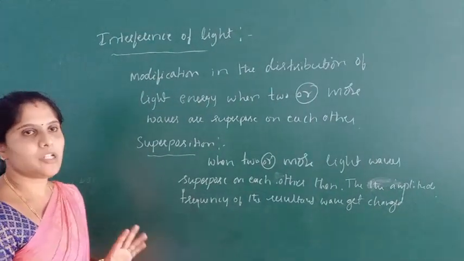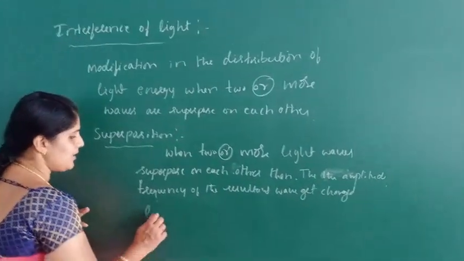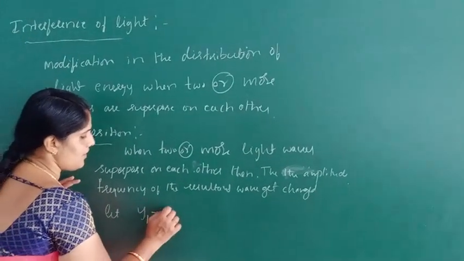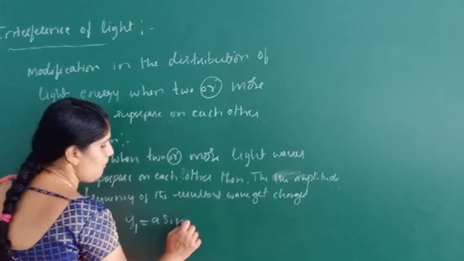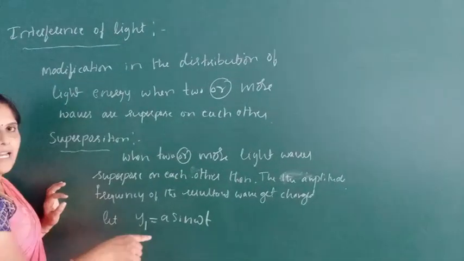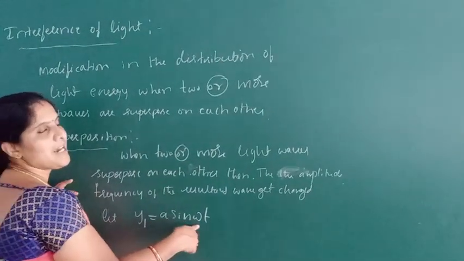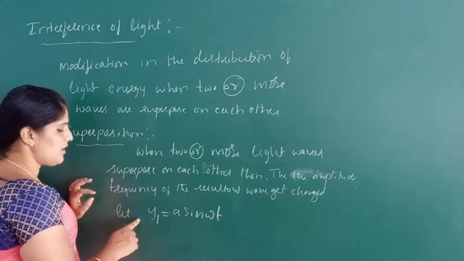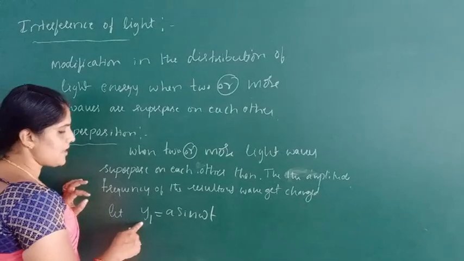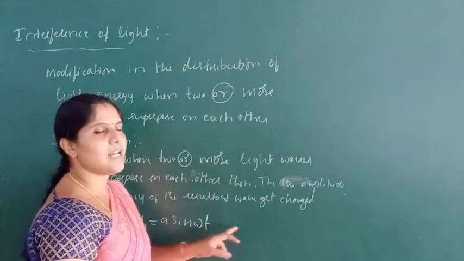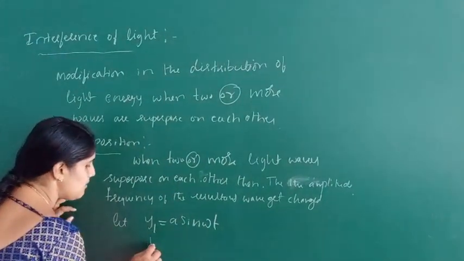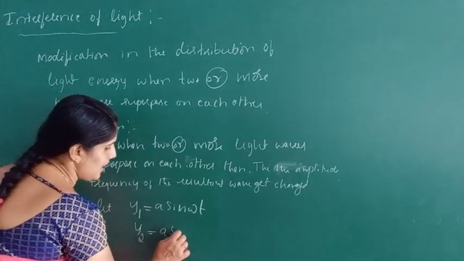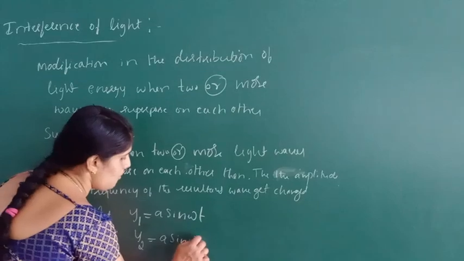Let us consider a wave displaced with an equation y1 is equal to a sine omega t. Here a is the amplitude, omega is the angular frequency, and t is the time. And let us consider one more wave, y2 is equal to a sine omega t.